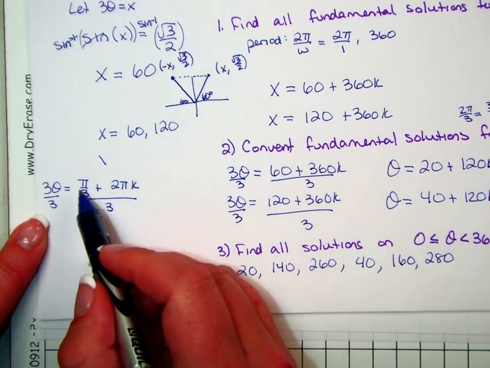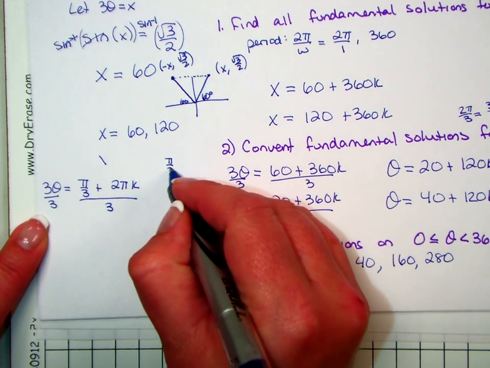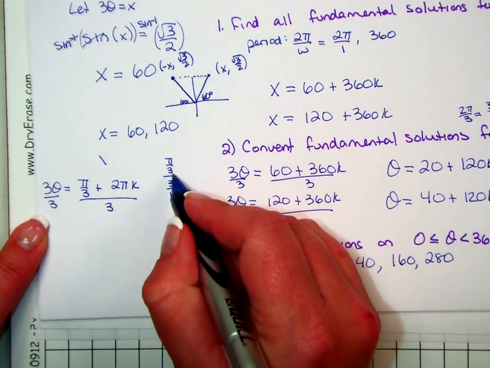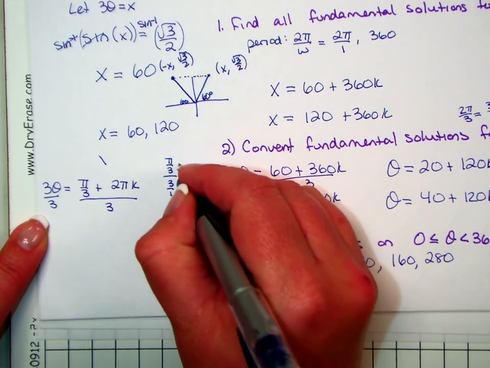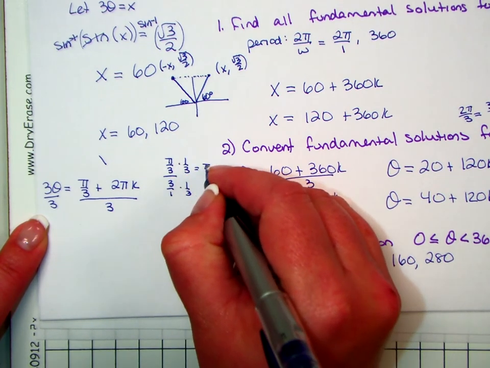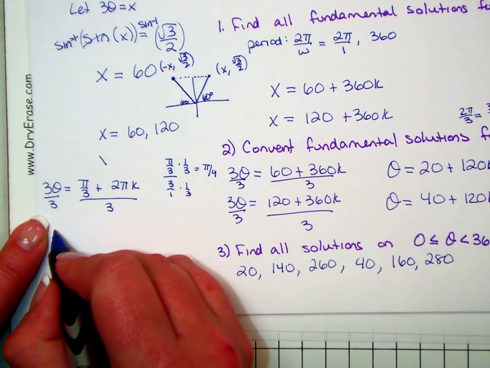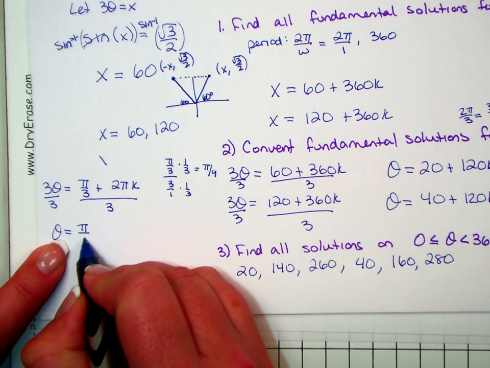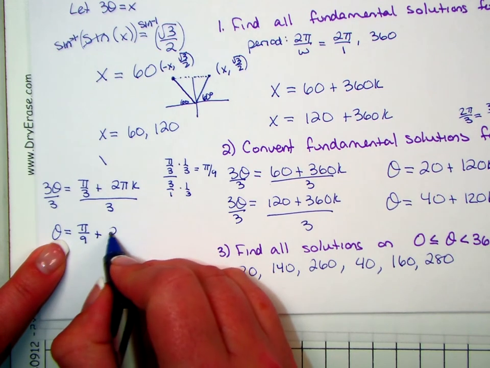So this is pi over 3 divided by 3. You guys kind of struggle with this stuff, all right? So if I did pi over 3 divided by 3, I'm going to multiply by the reciprocal, and I'm going to get pi over 9. So I'm going to get theta equals pi over 9 plus, if I divide 2 pi by 3, I'm just going to get 2 pi over 3.